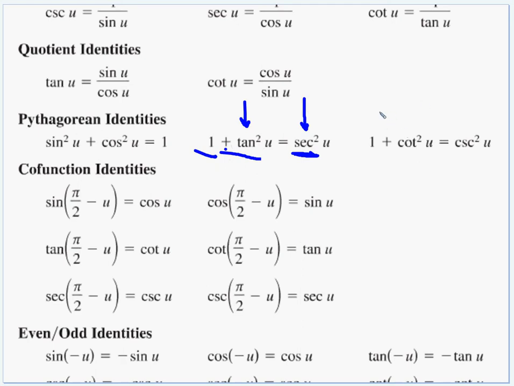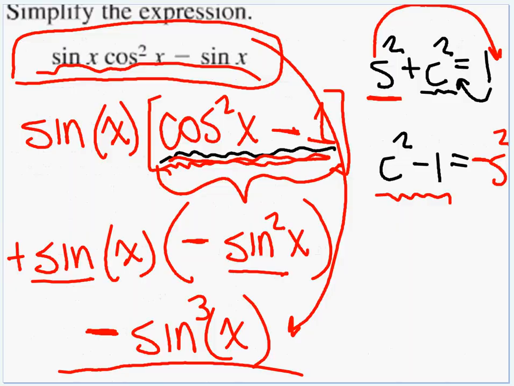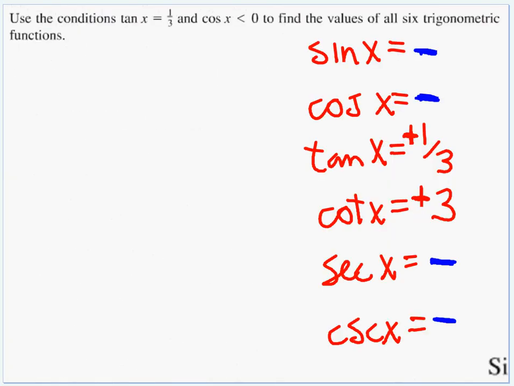We could also use 1 plus cotan squared because we figured out cotan squared. And that could take us to cosecant. There's many ways we could go about this. So let's start with that 1 plus tan squared equals secant squared.